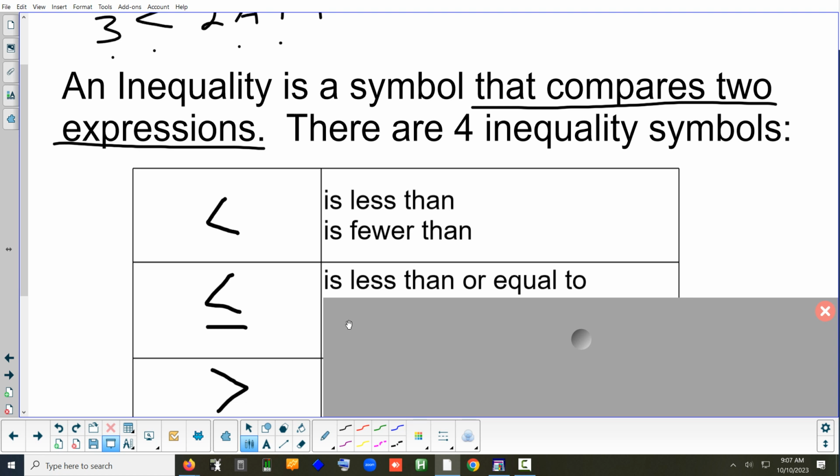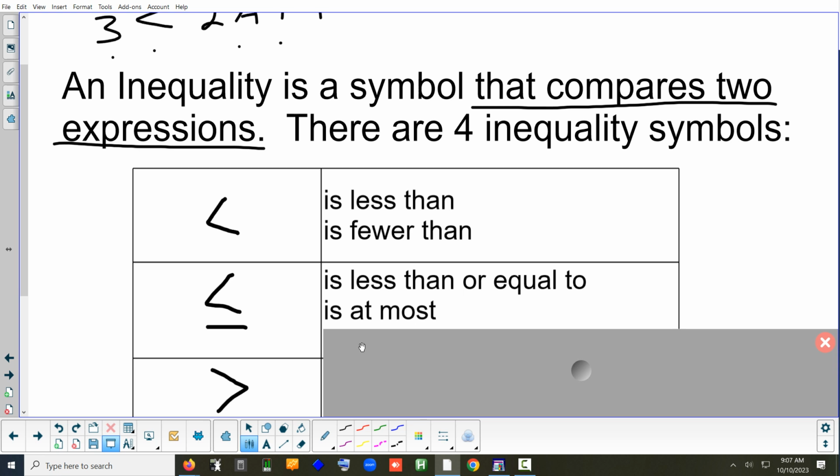At most. Exactly. Sometimes it's tough to get people to say it. So if I said the temperature at most is going to be 65 degrees, that means it's going to be less than or equal to 65 degrees. At most. So that one comes up.